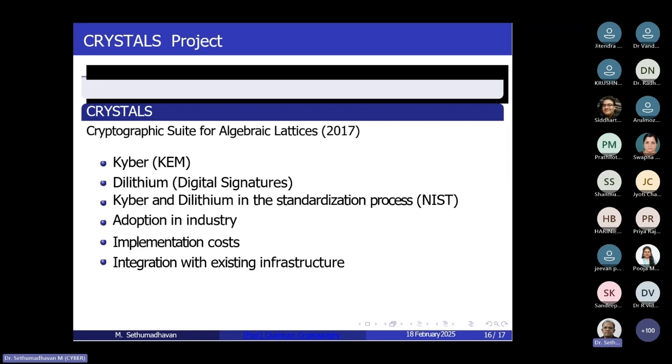It is adopted in industry, but the problem is implementation cost. For example, in the banking industry, integrating this into existing infrastructure without affecting it seamlessly. These are all the challenges the current industry is facing. But there are solutions available.